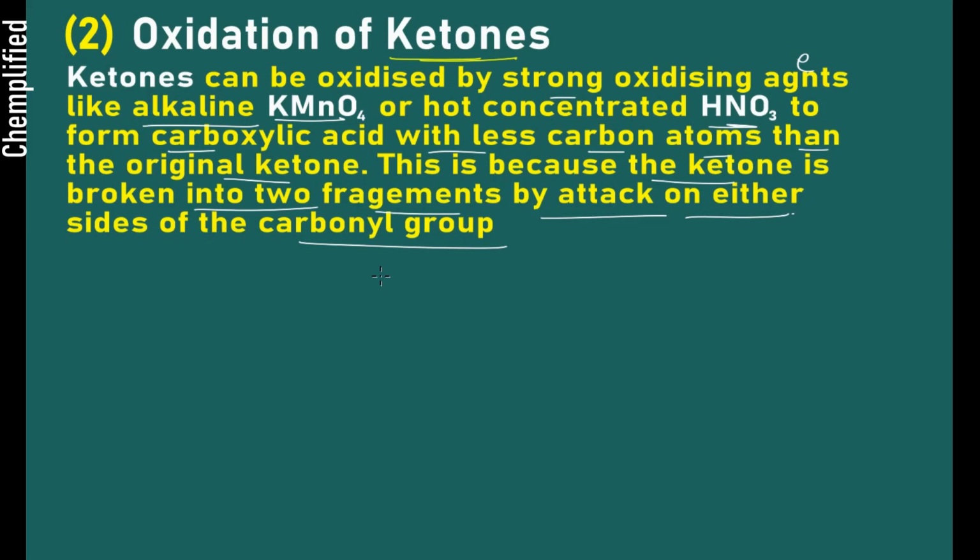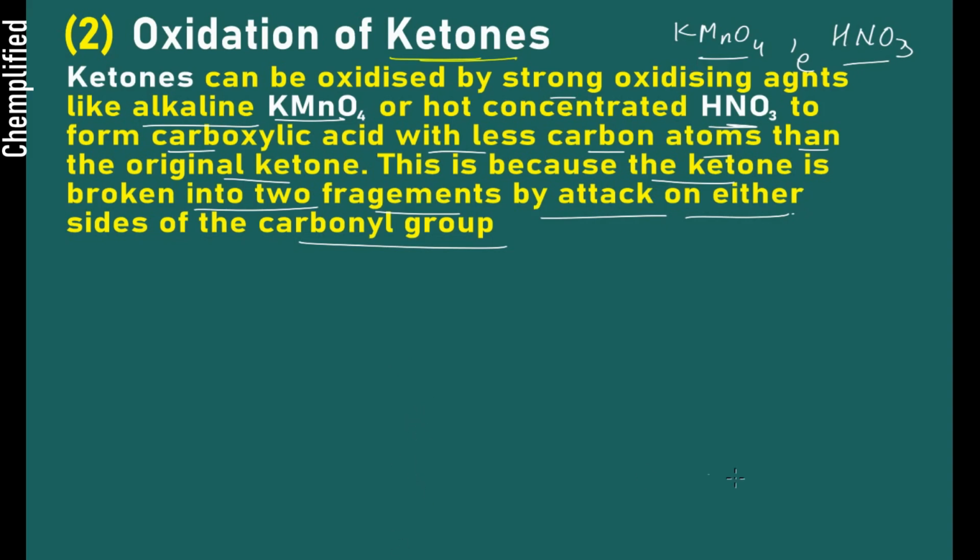In aldehyde, the number of carbons remains the same, but in ketones, the number of carbons is reduced. Right? Now the reagents are also different for ketones. In ketone, you are going to use KMnO4 or HNO3, nitric acid and potassium permanganate.